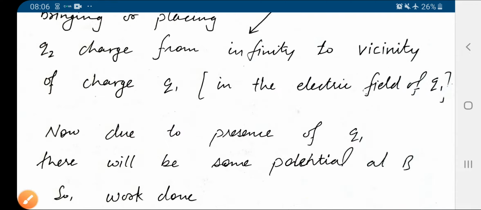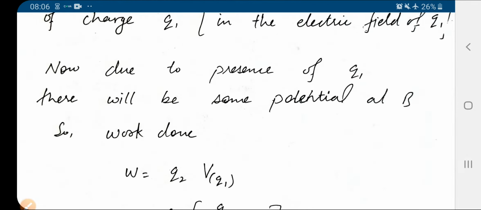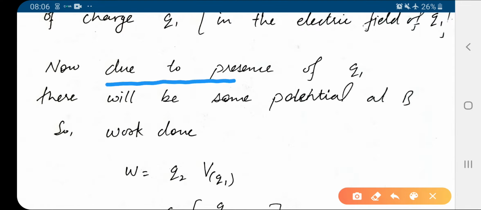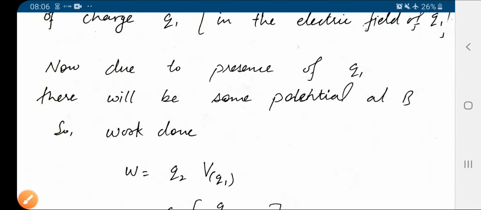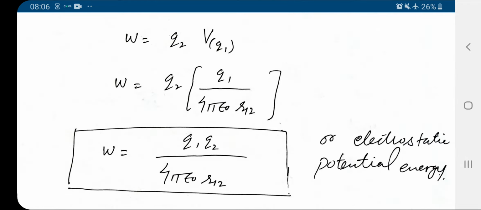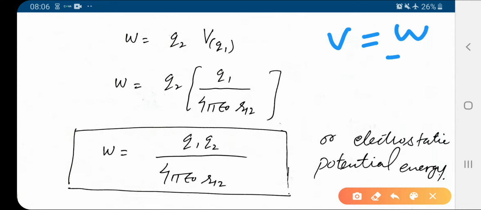Let's see. Due to the presence of q1, there will be some potential at point B. So work done in placing q2: as you know, potential is work upon charge, and work is charge into potential.